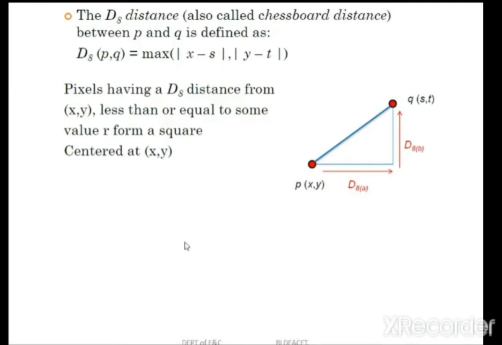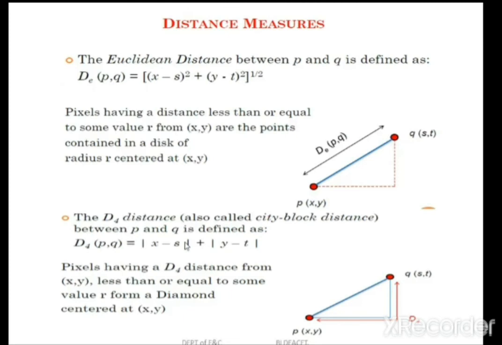We have three types of distances: Euclidean distance, given by the equation square root of x minus s square plus y minus t square. The Euclidean distance is going to form a disk kind of shape. D4 distance, which is also called city block distance, is given by the equation absolute value of x minus s plus absolute value of y minus t. This D4 distance is going to form a diamond shape with respect to the pixel at location x comma y.